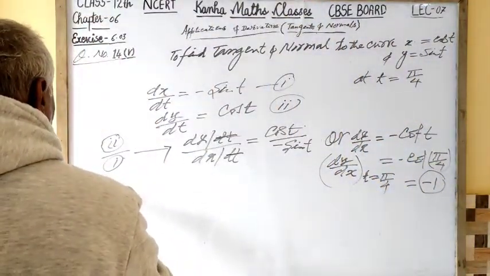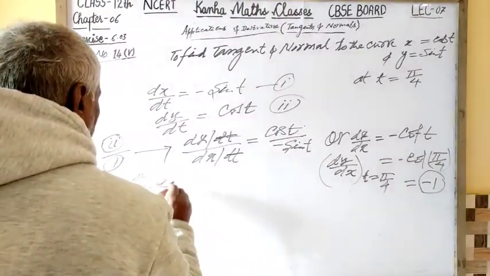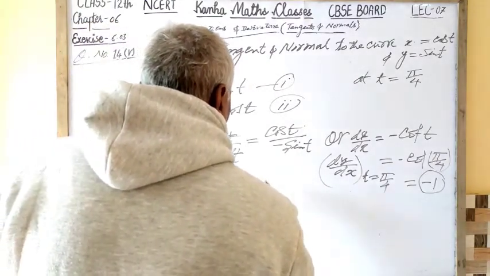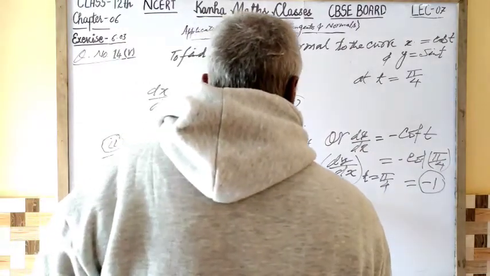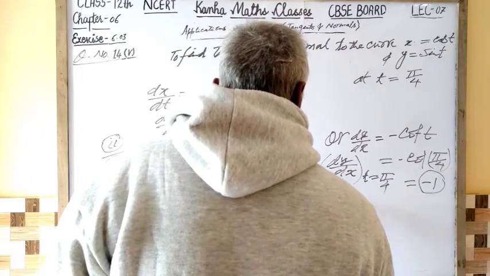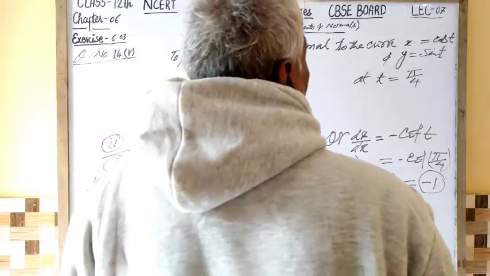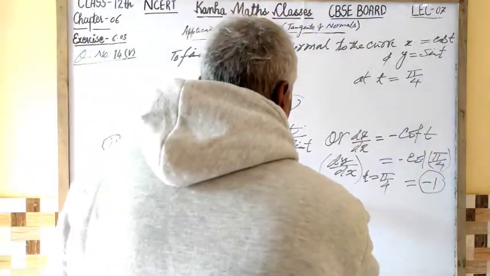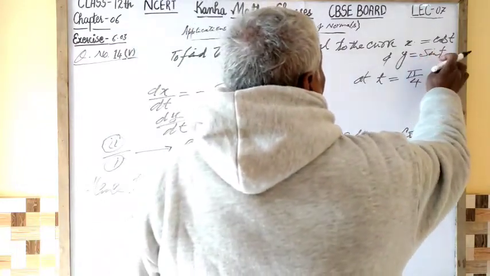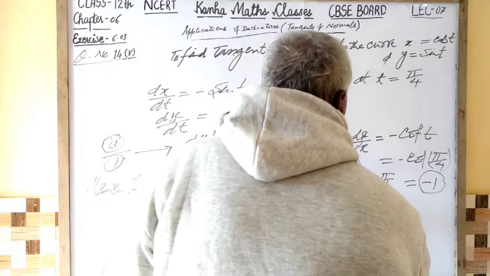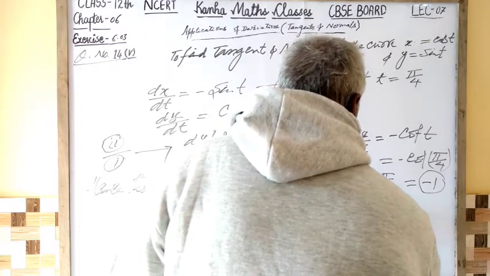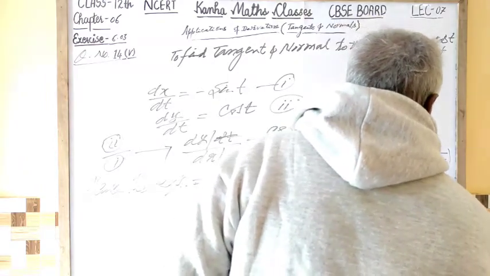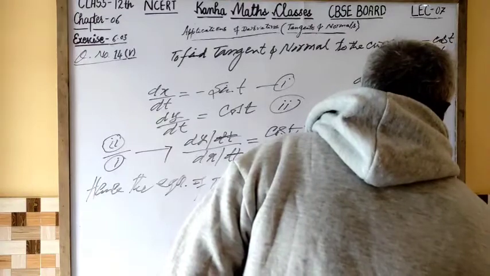Hence the equation of tangent to the curve is y minus y1, that is sin pi by 4, equal to dy by dx, which is minus 1, times (x minus x1), that is cos pi by 4.